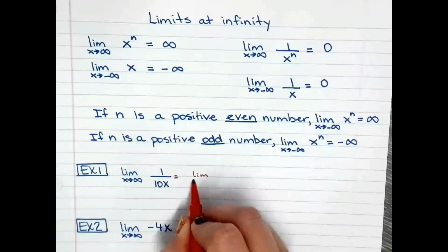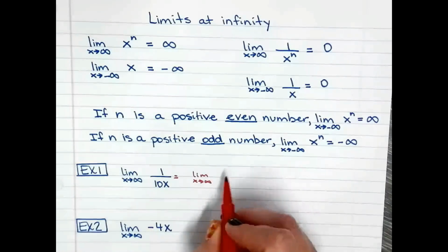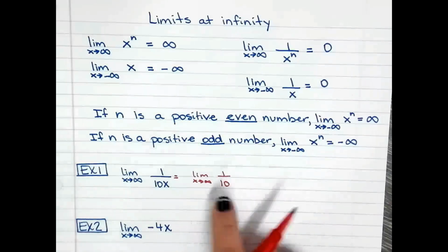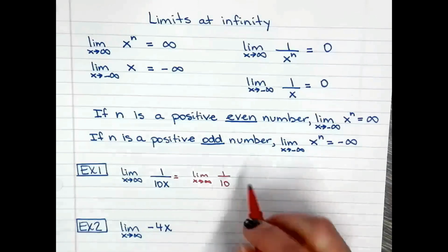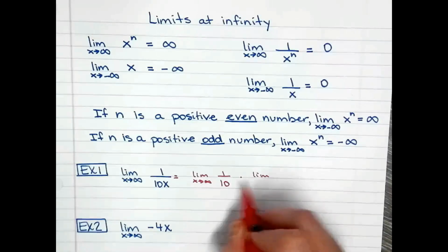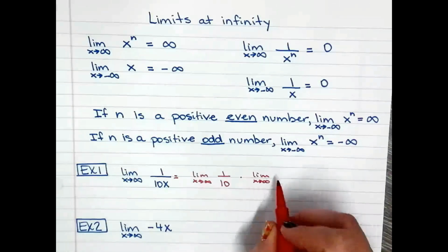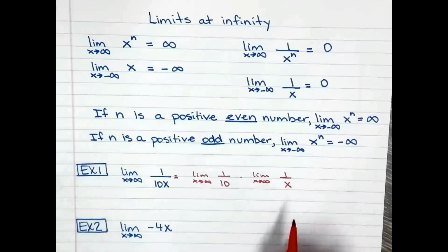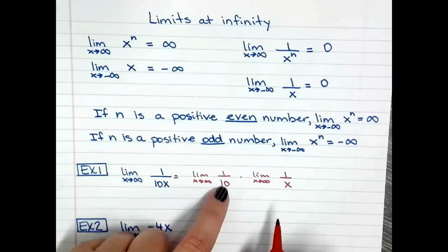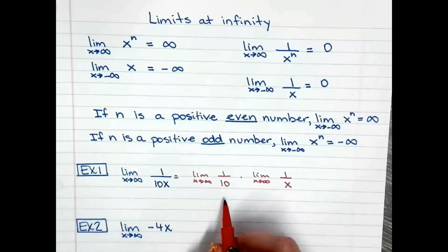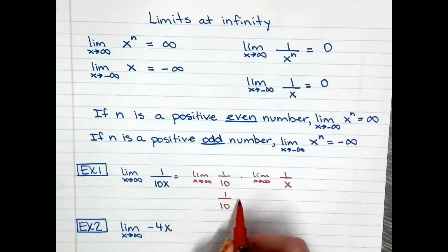I have the limit as x approaches infinity of 1 over 10, and we know how to calculate that, multiplied by the limit as x approaches infinity of 1 over x. The limit of a constant is the constant, so at this point it's 1 over 10.